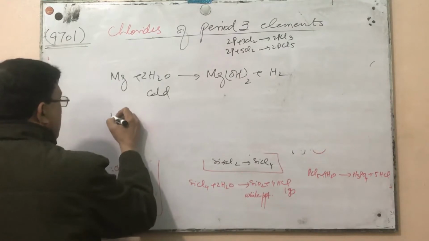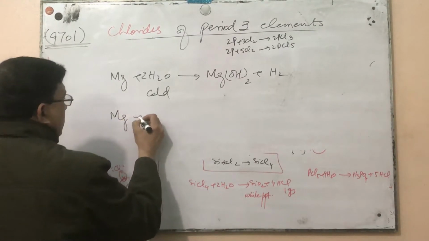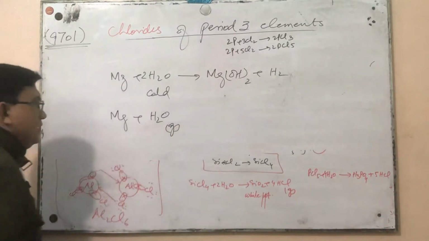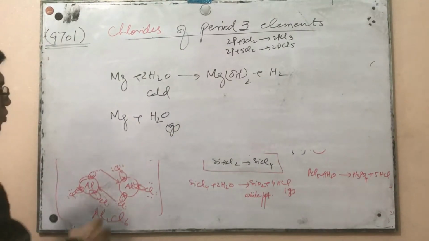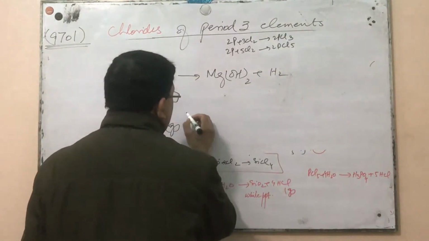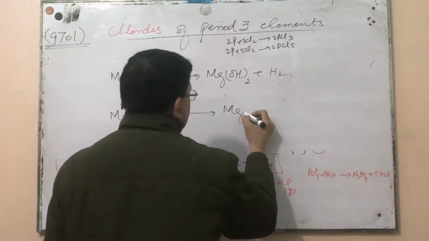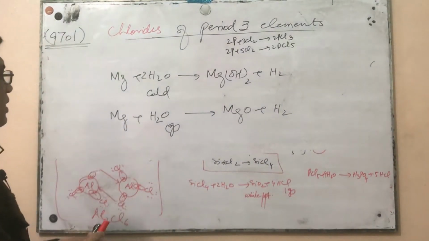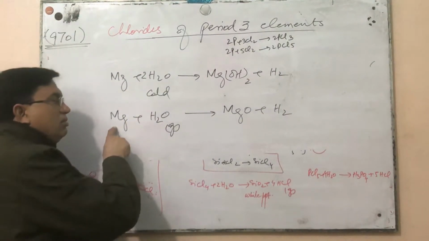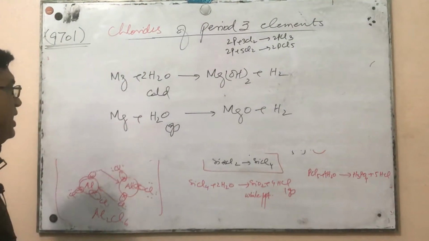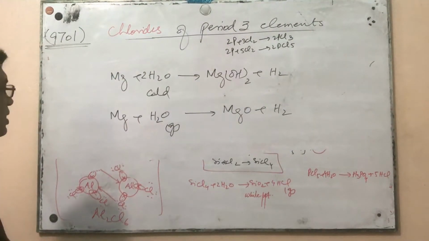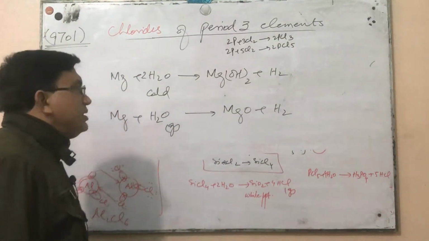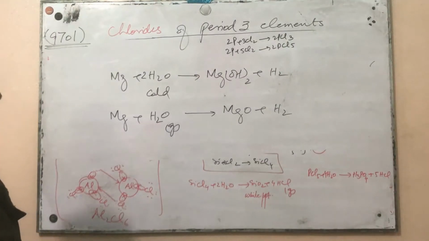But if we treat magnesium with steam, if water is present in gaseous state, then it will produce magnesium oxide and hydrogen gas. It means that at a higher temperature, magnesium becomes a strong reducing agent that reduces water, immediately removing oxygen from it and liberating hydrogen gas. This is also a very important feature.